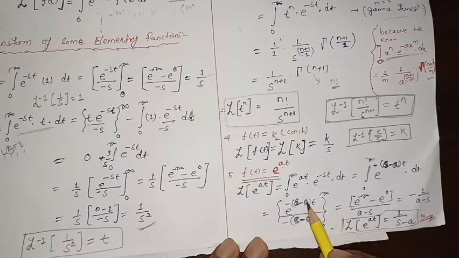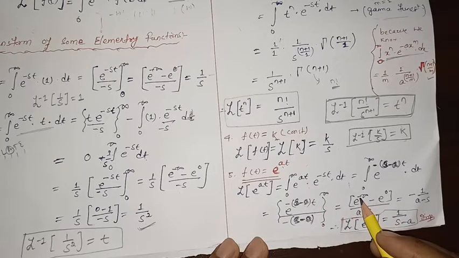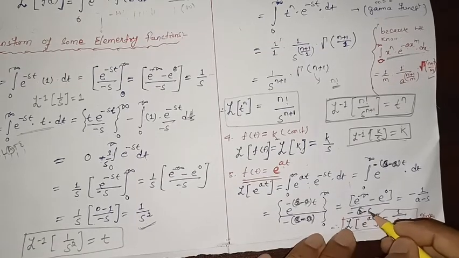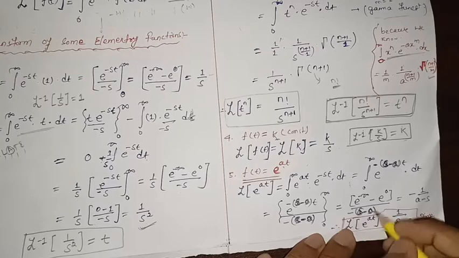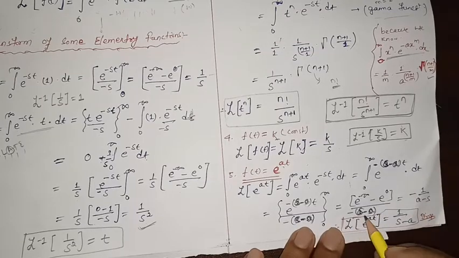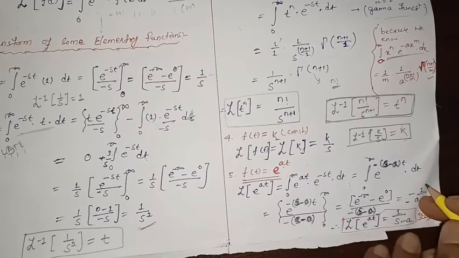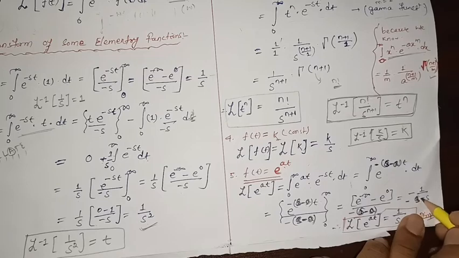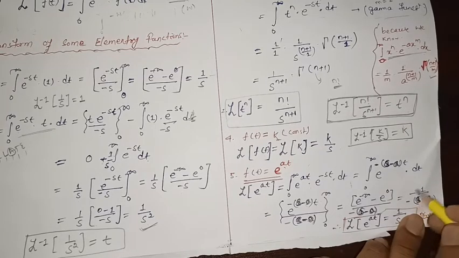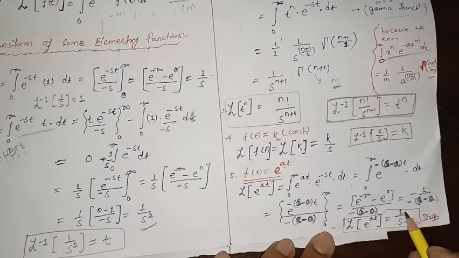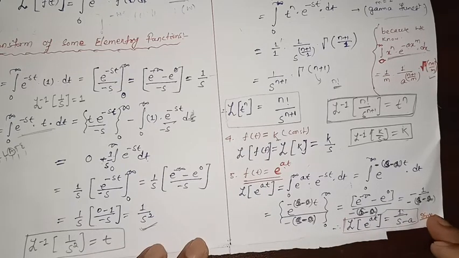If I put infinity, e to the minus infinity is 0, and at 0, e to the 0 is 1. So this value will be 0 minus 1 by minus s minus a, and the minus minus gets cancelled. We found the Laplace transform of e to the at is equal to 1 by s minus a.